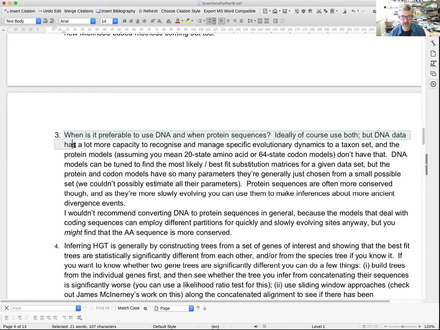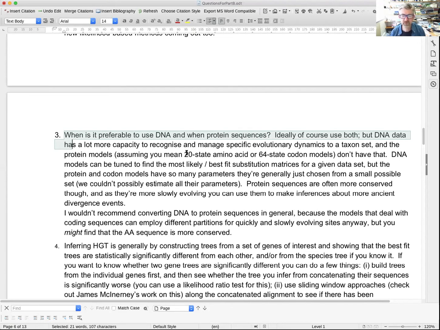On the other hand, the protein models, the amino acid models or the codon models, have a heck of a lot more parameters. For a 20-state amino acid model, you could conceivably have about 200 parameters.